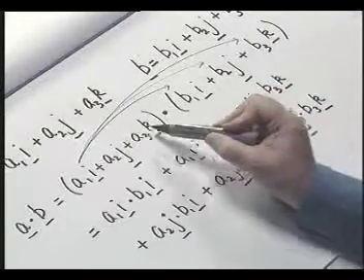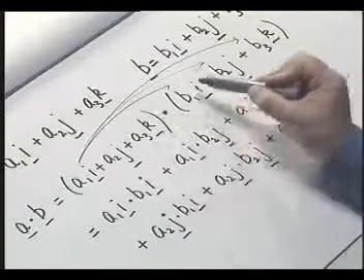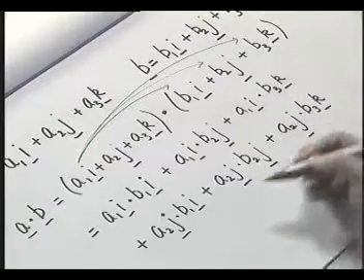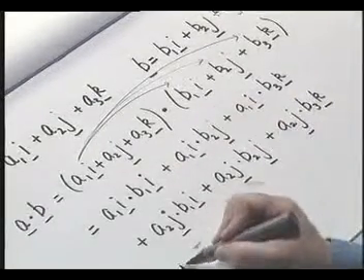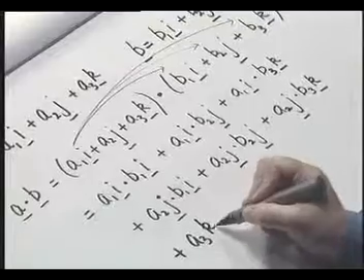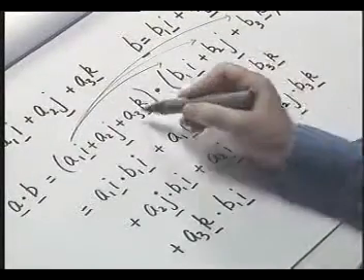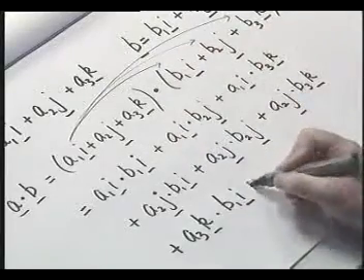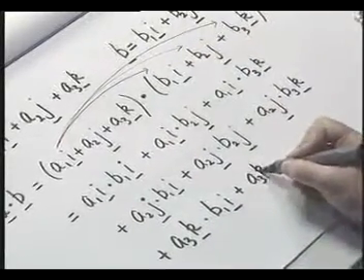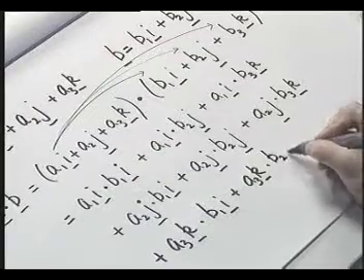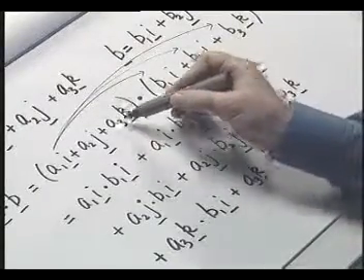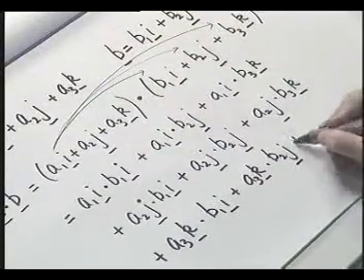And finally, this last vector in the first bracket, dotted with each of these vectors in the second bracket, will be a3 k dotted with b1 i, plus a3 k dotted with b2 j, and finally a3 k dotted with b3 k.